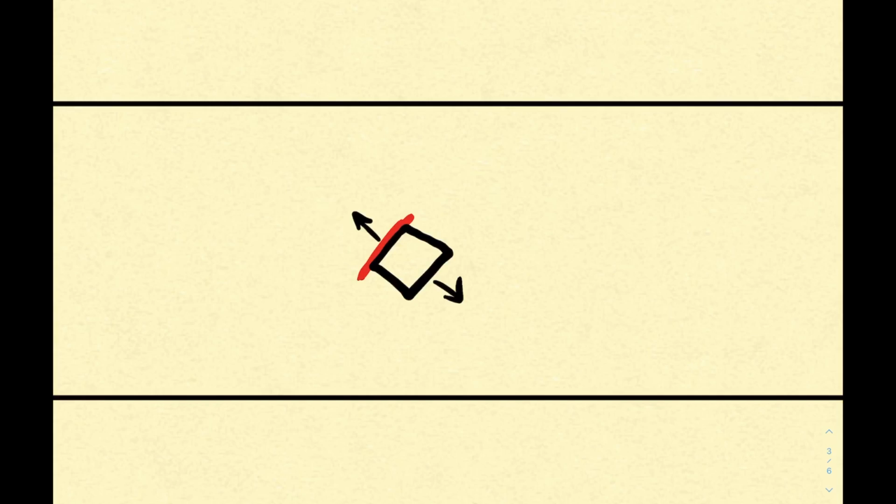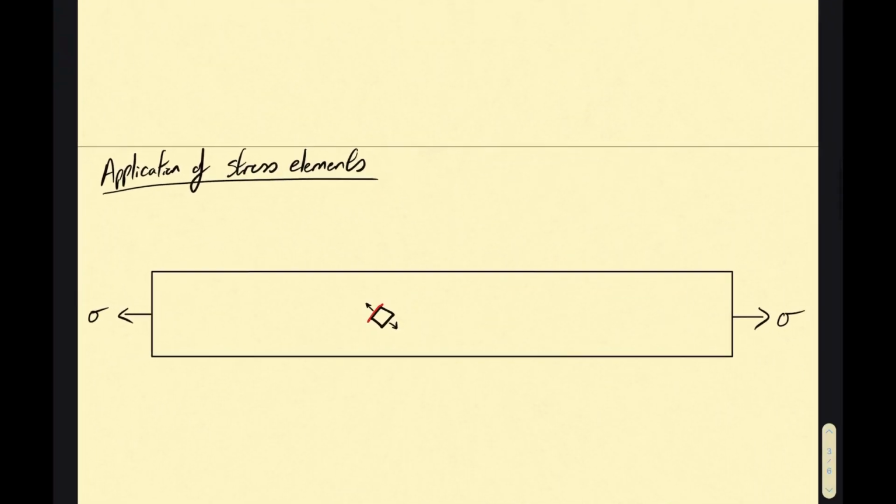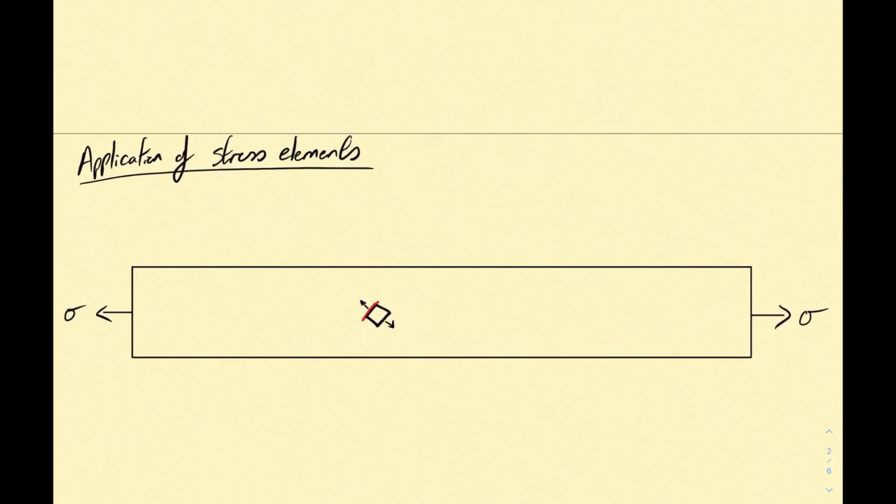For this reason, you would need to orient your stress element so that it is aligned to this crack. And this is now done in a new coordinate system. So you're basically rotating the coordinate system. You're not changing the applied global stresses. So that's key to remember. And so this is why rotating and transforming stress elements can be useful.